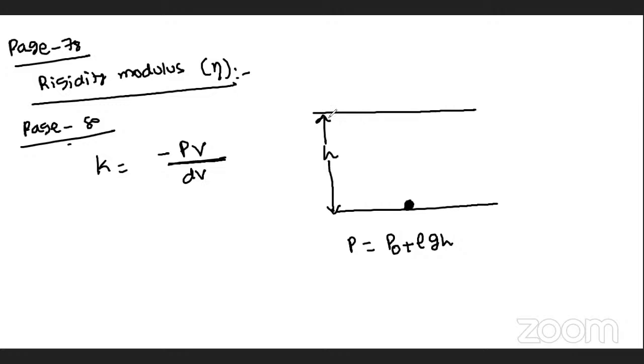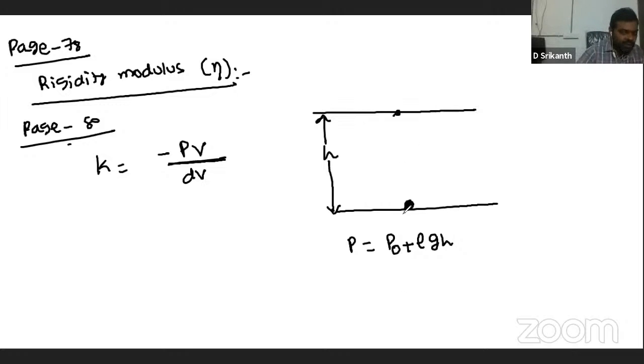On the surface it is P naught, at a depth h it is P naught plus rho gh.